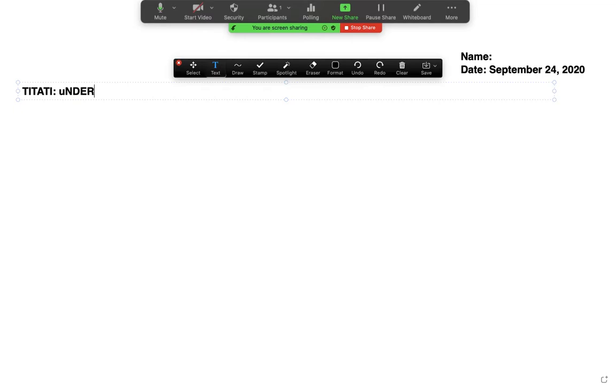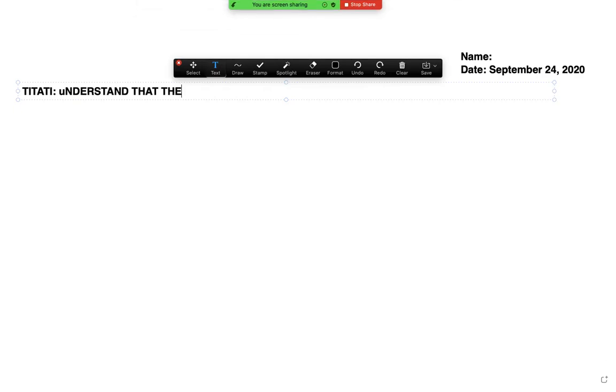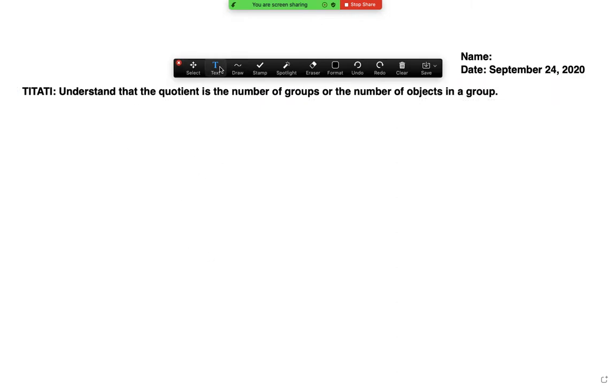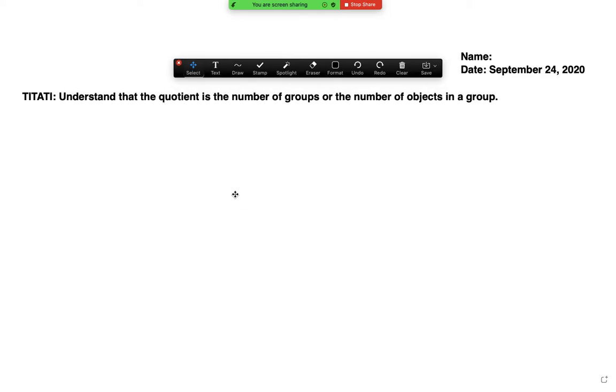So understand that the quotient is the number of groups or the number of objects in a group.